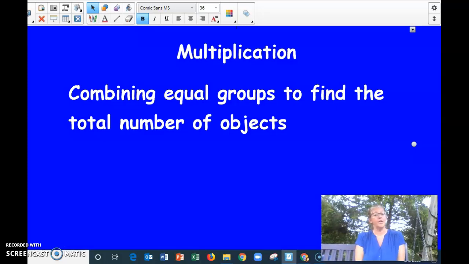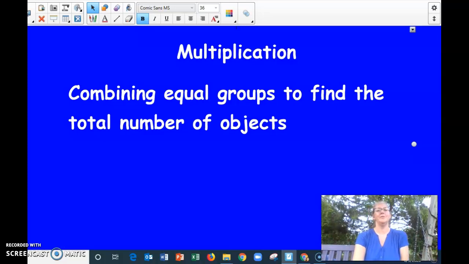And those equations, those number sentences, look a whole lot smaller and a whole lot neater than all of those threes on there. Okay? So multiplication, we're combining, that means putting together equal groups. So you've got groups with the same number of objects in them, and we're looking for the total number of objects. That's what multiplication is.